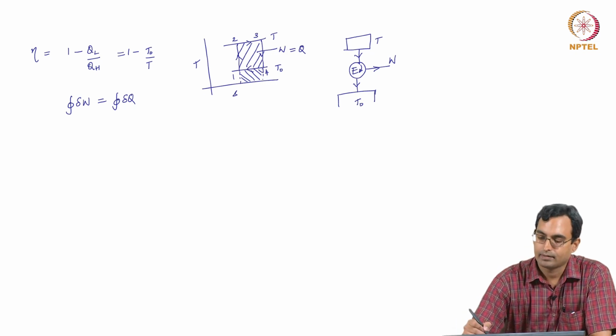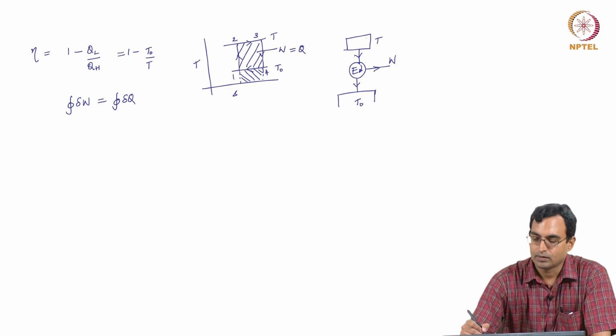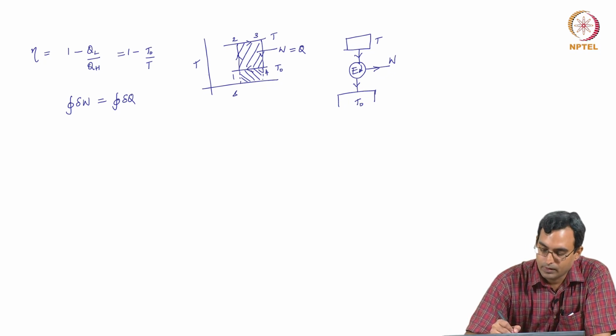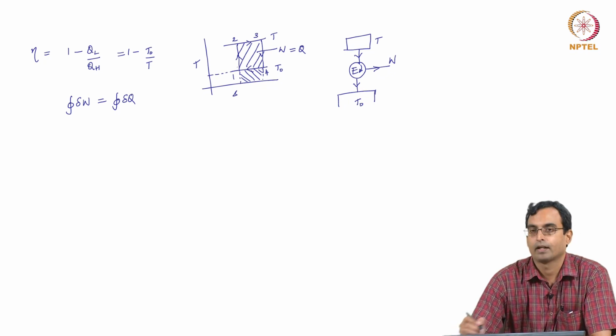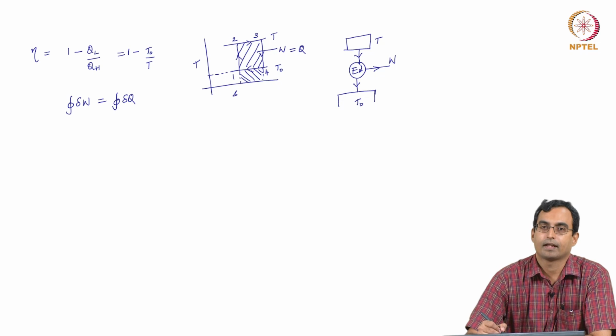So, if I had a reservoir at a temperature T, out of all the energy which this has, I can extract the energy only up to this temperature T naught. I cannot extract the work or the energy which is below this temperature T naught, because I need to reject at T naught.